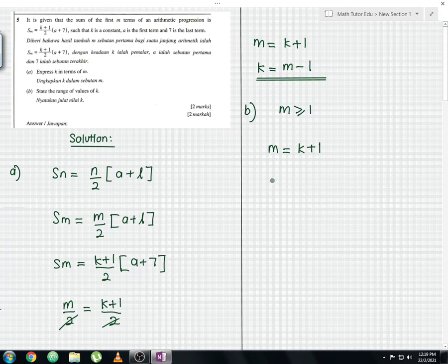So k plus 1 should be more than or equal to 1. This plus 1 you move over to the right-hand side. So from here you should get k more than or equal to 0. This is your final answer, guys. Let me underline the solution for part B.